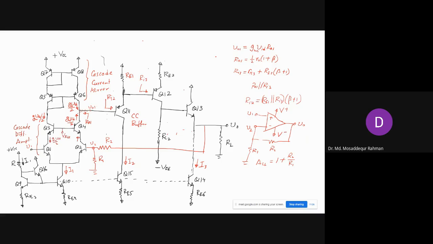So that is how you can get different amounts of bias current produced at different levels. And that will also reduce the error due to the finite output resistance, right? Is that clear, guys? Yes, sir.